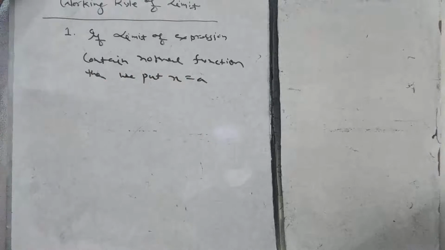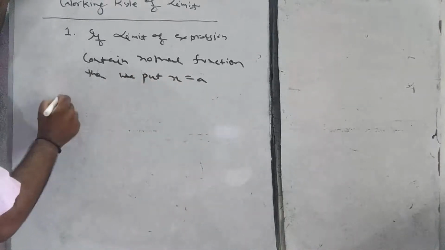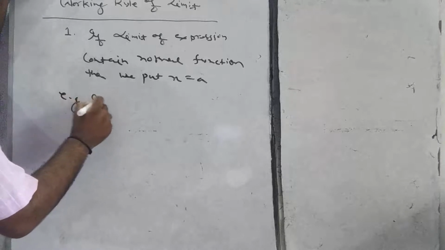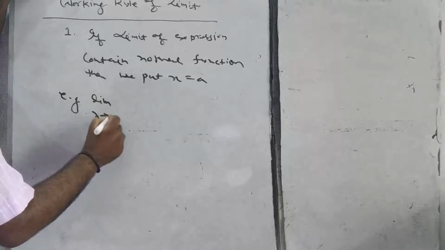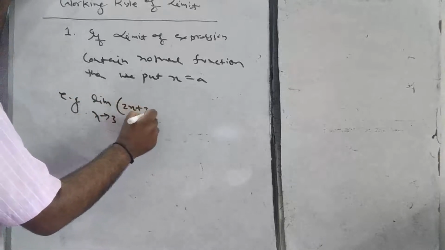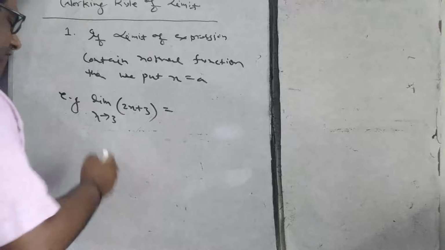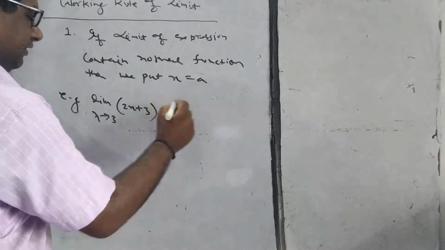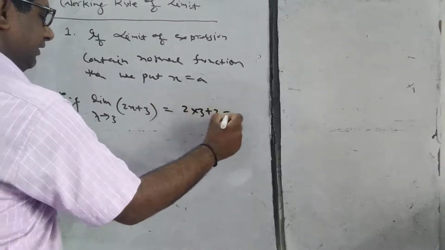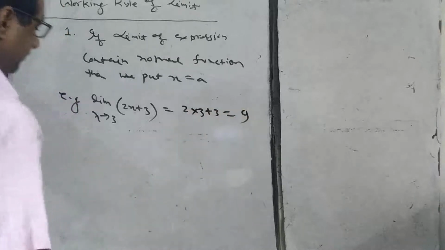X equal to a means whatever value it tends to, we can put. For example, limit x tends to 3, 2x plus 3. In this question we don't need to analyze more. Just put the value x equal to 3. So 2 into 3 plus 3 is equal to 9.